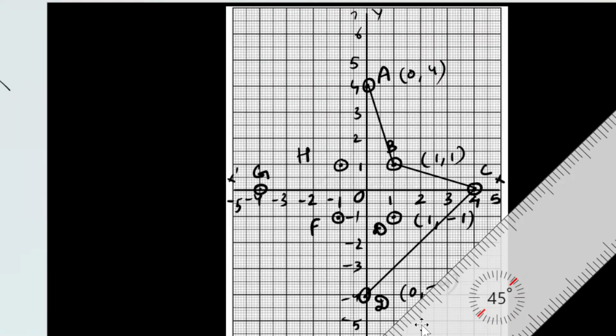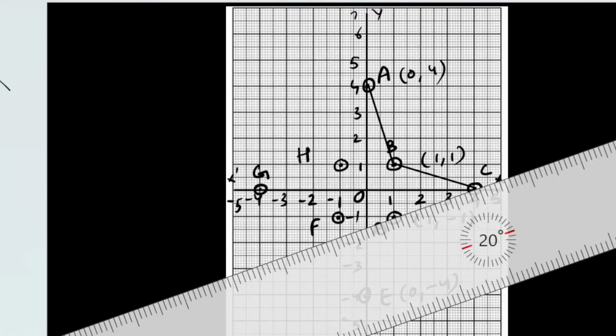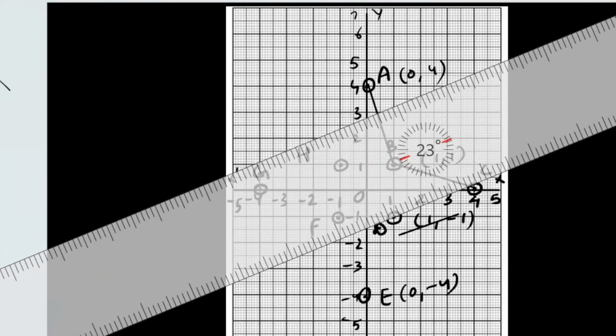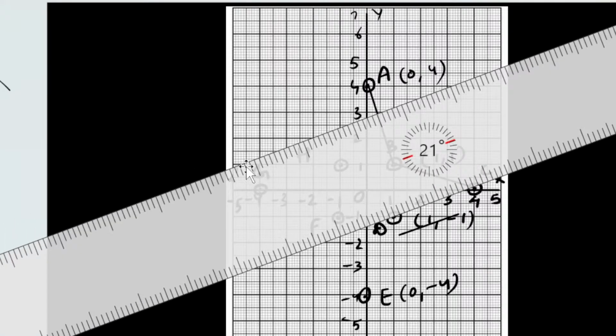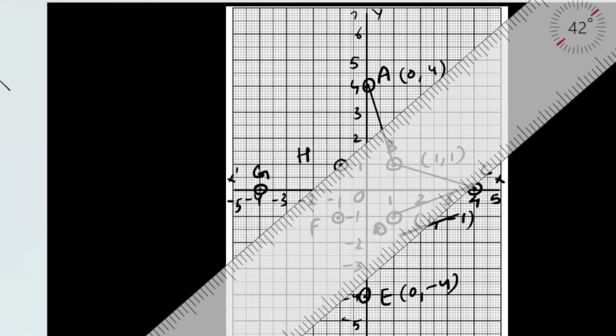I wrote it by mistake and this is E. Okay, so here was one mistake. Yes, so C with D, then D with E.